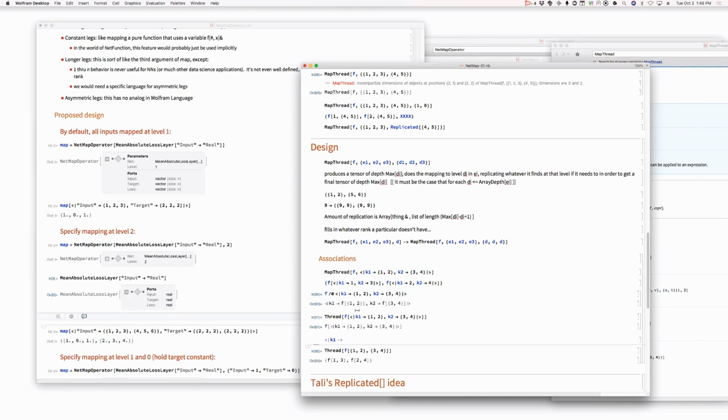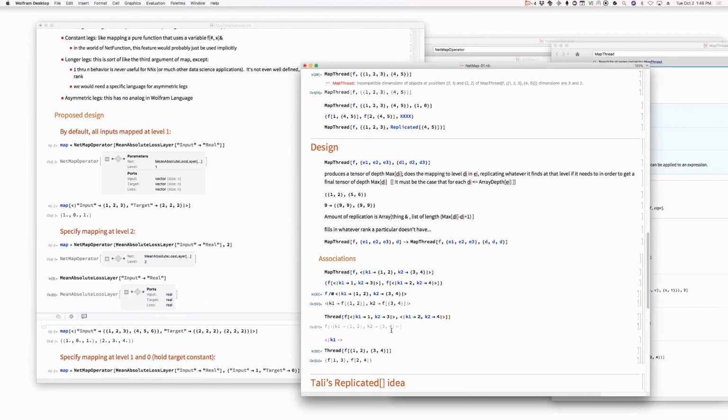So in fact, this is the wrong analogy. What we should be looking at is K1 goes to 1, K2 goes to 3, let's say, and then a second argument here, where this thing goes to 2, that thing goes to 4. Right? That's the correct analogy.